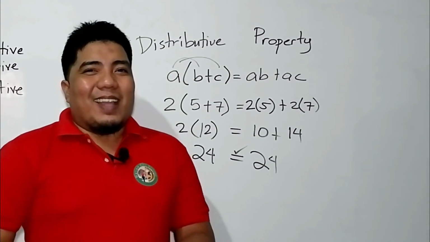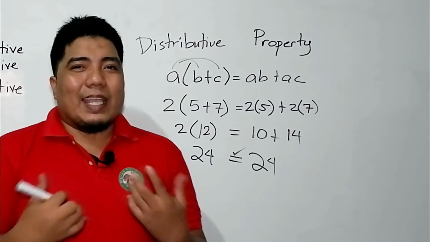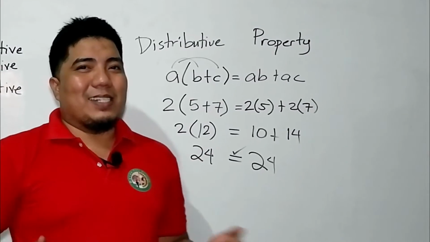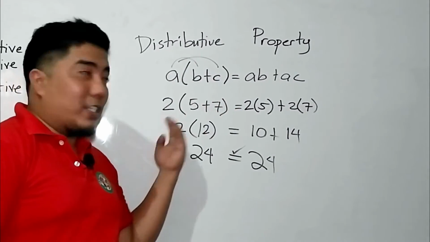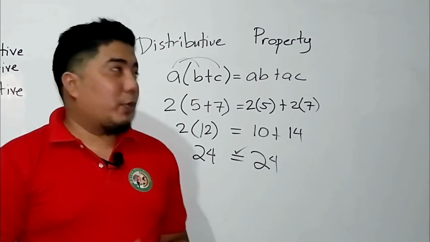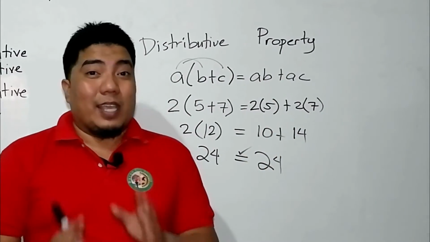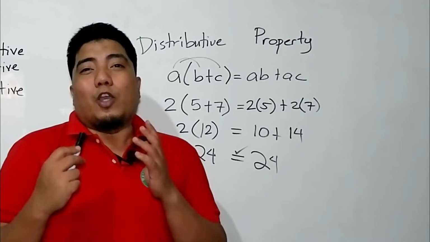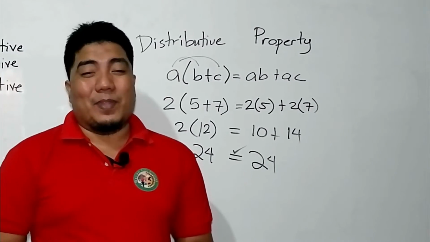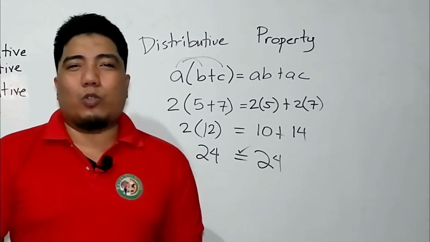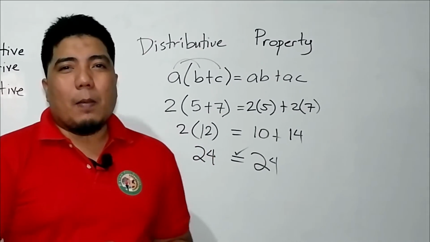Therefore, we can say that the distributive property can be applied in this scenario. Whether you solve it this way, or apply the distributive property and solve it this way, in solving equations, you can still prove that your answer is correct. Easy, right?